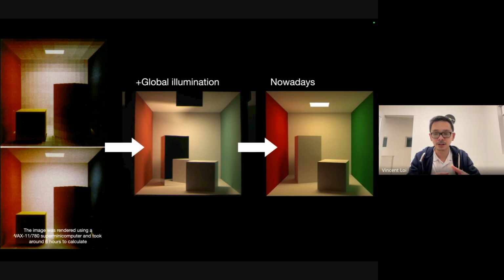And the computation can start from, can use like 6 hours or even 1 day to do this kind of rendering.